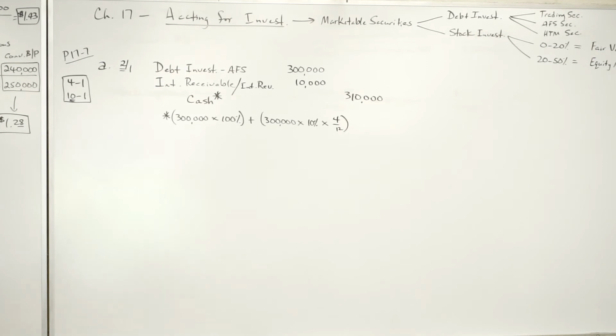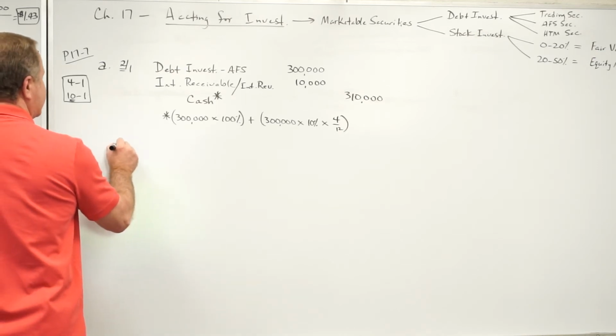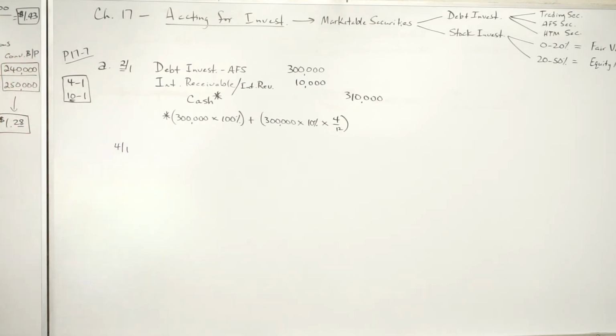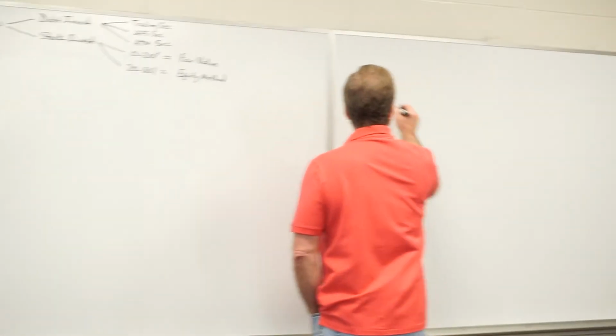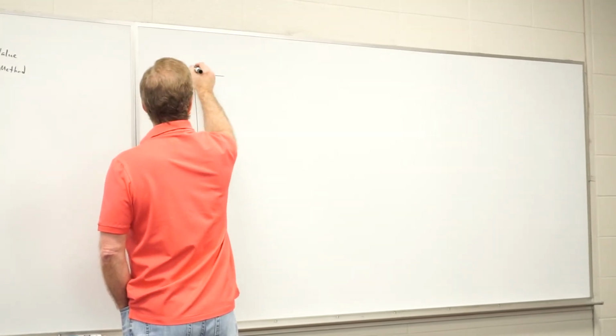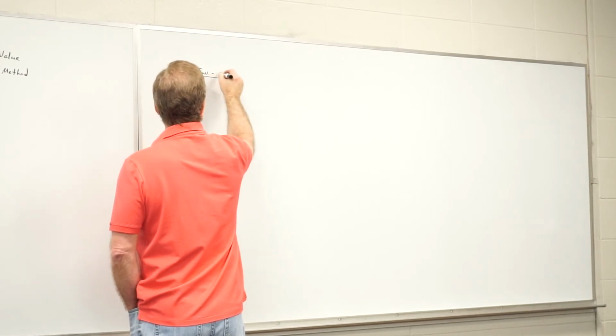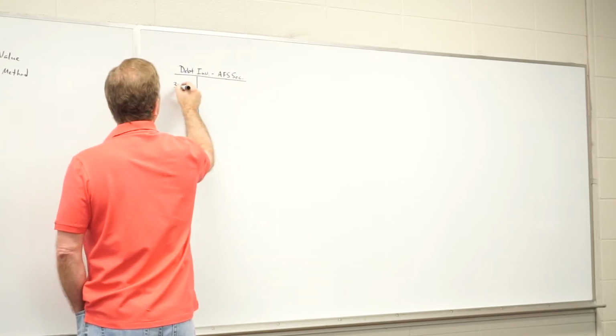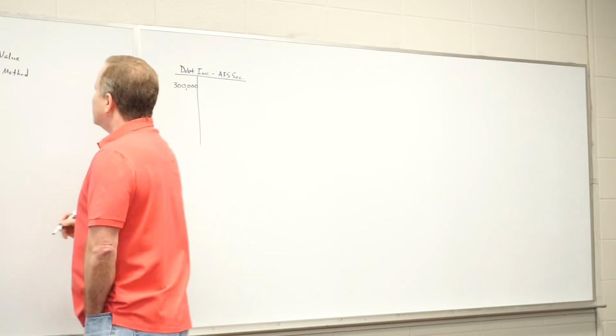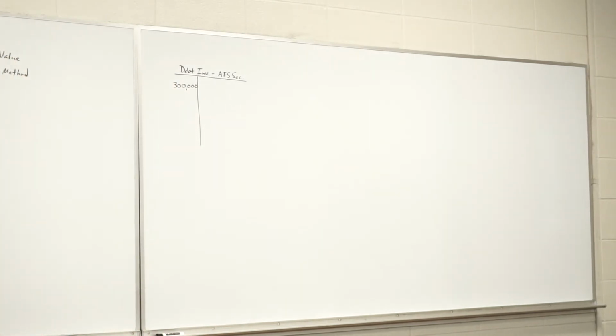All right, the next date says on April 1, the semi-annual interest is paid. Debt investments, AFS securities, and I have 300,000. Now, if we did it with the debit to interest receivable, what would the entry look like on April 1?